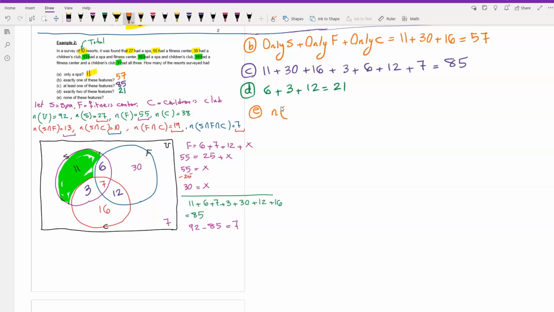So we have S union F union C, complement of these 3. We can use the number of elements that we have in the universal set minus the number of elements that we have in these 3 circles. These groups, here we have S, F, C.